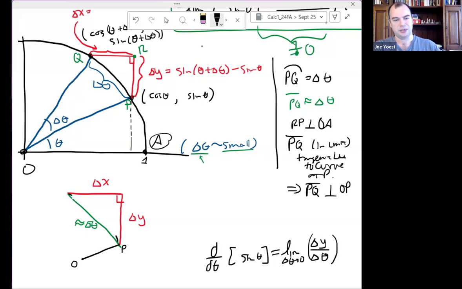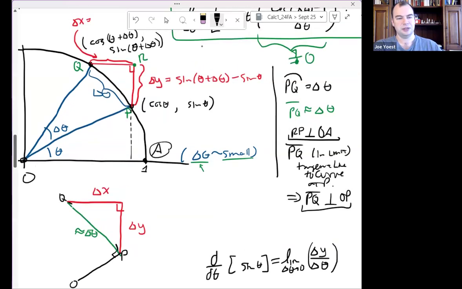Let me draw that a little better. We have OP and PQ. So these meet at 90 degrees as well. And so basically what we can do is think of taking our red corner and rotating it. Which way would that be? Clockwise, 90 degrees, and lining it up with basically O to this point. Let's call this point B to P.